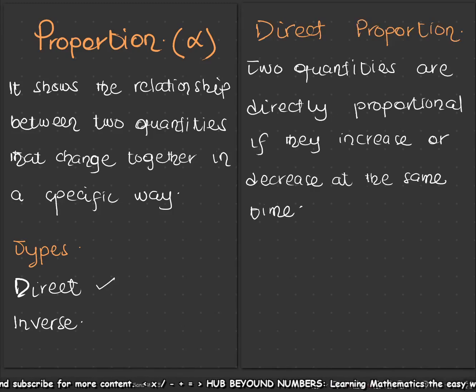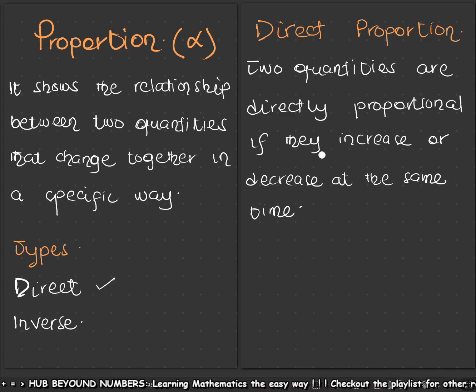When we talk of direct proportion, two quantities are said to be directly proportional if they increase or decrease at the same time. What do we mean by increase or decrease at the same time?